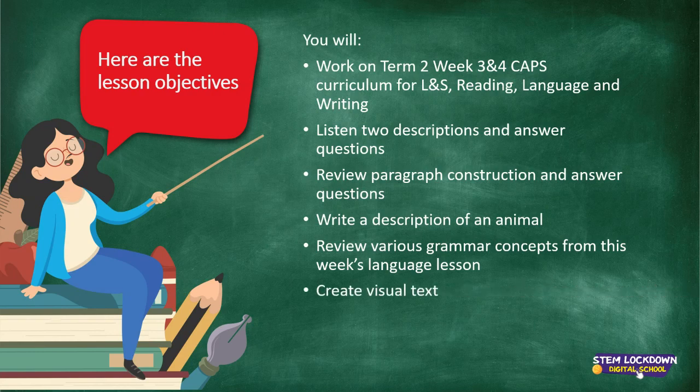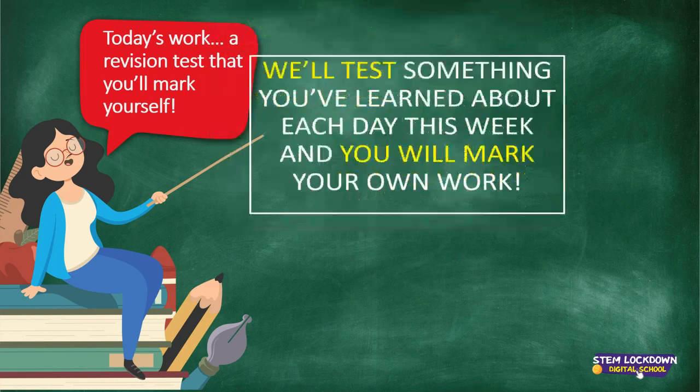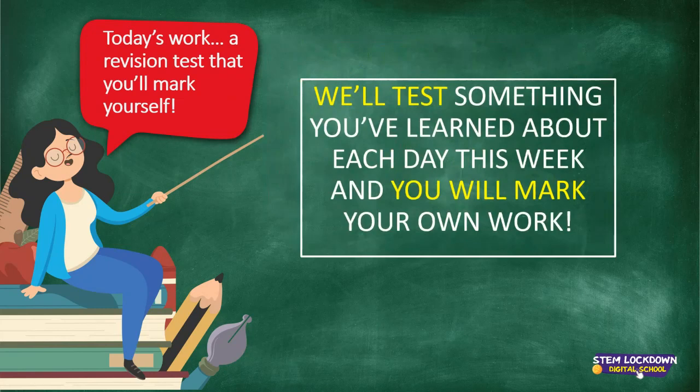You'll create some visual text and you'll label some visual text. So all those things will sound familiar because we've done them this week, but you'll be doing different ones today and just testing yourself. Okay, so as I said, we'll test something you've learned about each day this week and you'll mark your own work.